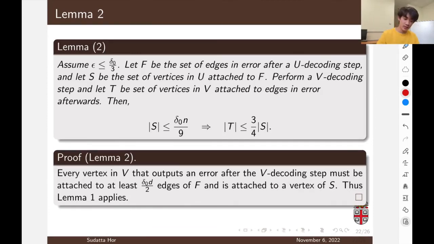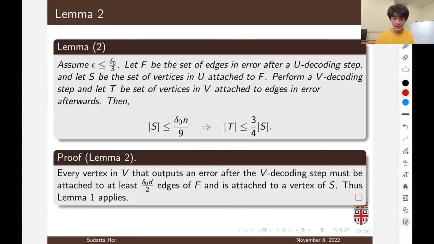So our second lemma is an application of our first lemma, but now we're applying it to our decoding algorithm. So we start off with a set of edges in F, and instead of saying S is just some arbitrary set of vertices, now we're saying it's our set of vertices in U that are in error. And this happens after a U decoding step.